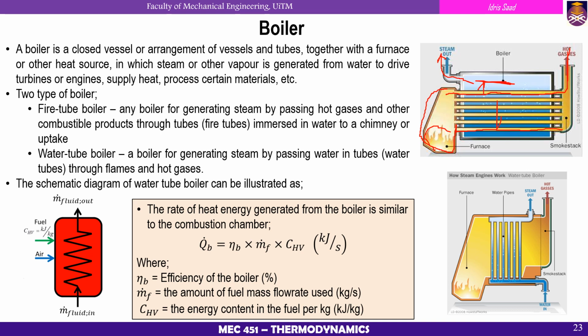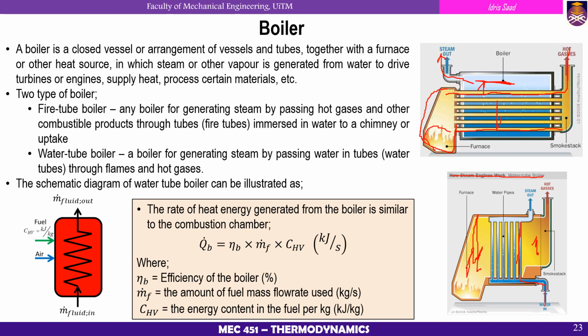This bottom figure illustrates the water tube boiler. As you can see on the schematic diagram, the fuel and the air are fed into the boiler and combustion occurs inside the boiler. So this is the fire, and the water goes inside the tubes.